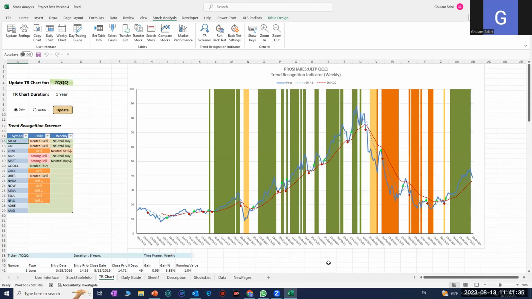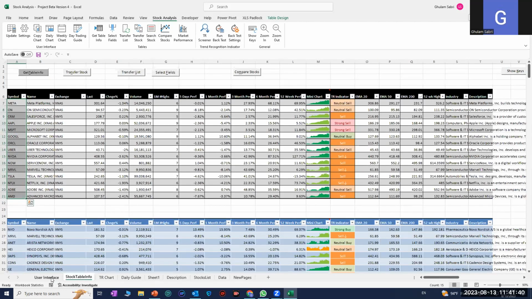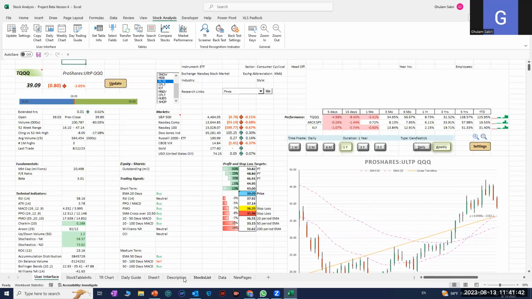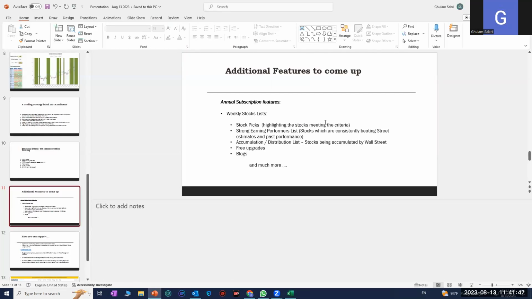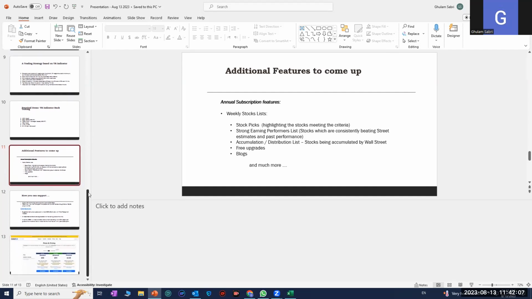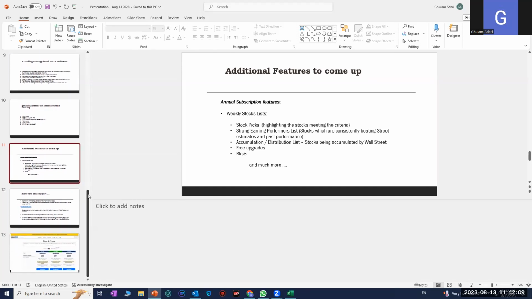I have added quite a few features during the course of the last 2 months, like this back testing, the daily guide, more indicators, charting, etc. And now, once we have it, we'll also couple it with weekly commentary, stock picks which our Skinner will provide, an updated list of strong earning performers, an accumulation distribution list, free upgrades if you subscribe to our service annually, and blogs, and whatever we can have. Whatever I could have thought of so far, I have included, but obviously there's always room for improvement. There's a lot of things that can come.